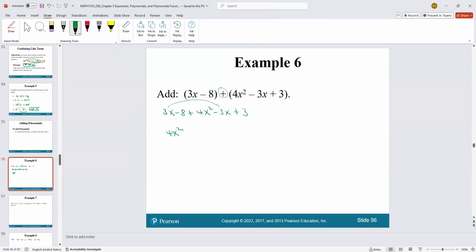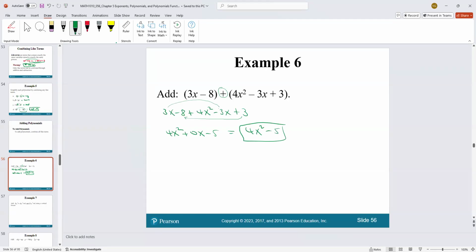What is 3 minus 3? 0. So I don't even need to put 0. I could say 0x if you want. And now we have negative 8 plus 3, which gives you negative 5. So if we simplify, we have 4x squared minus 5 as the final answer for this one.